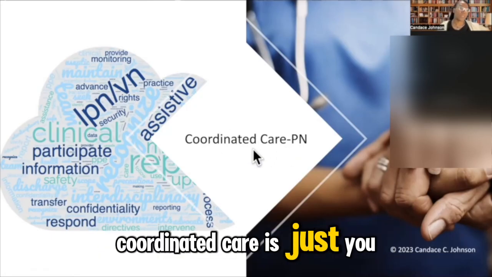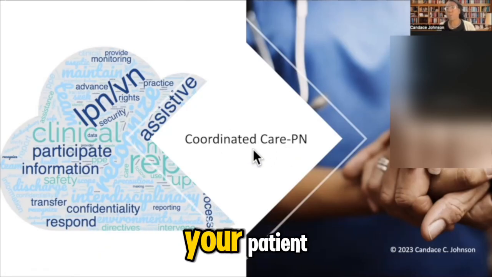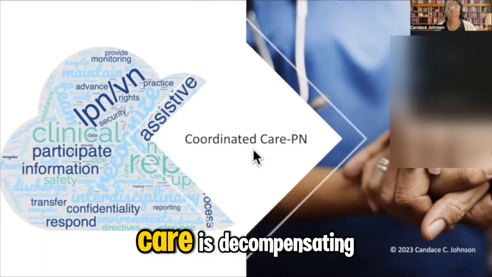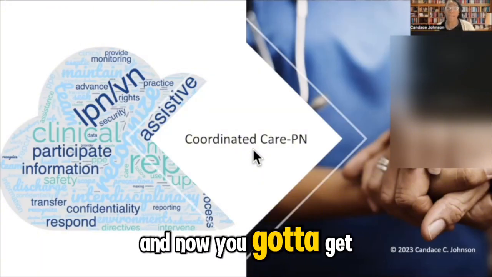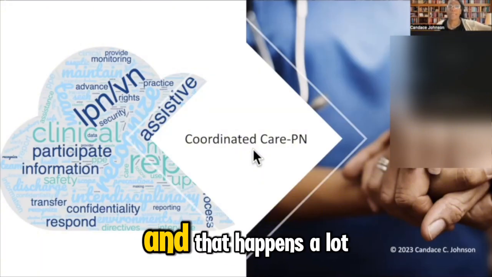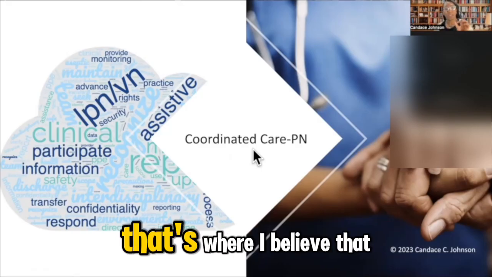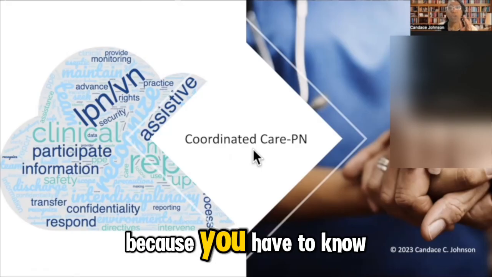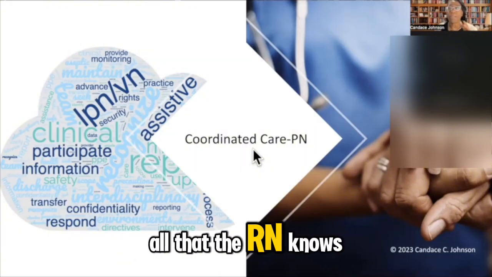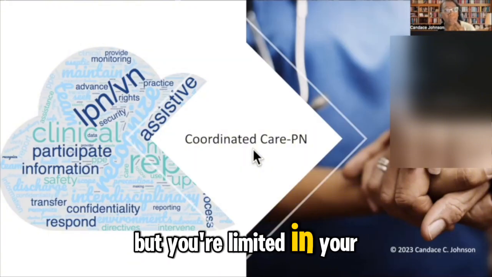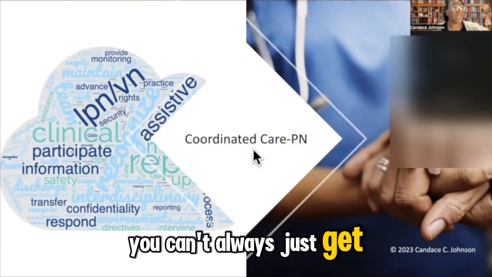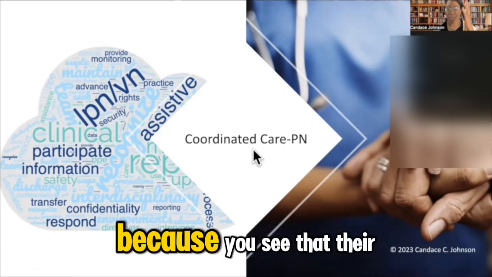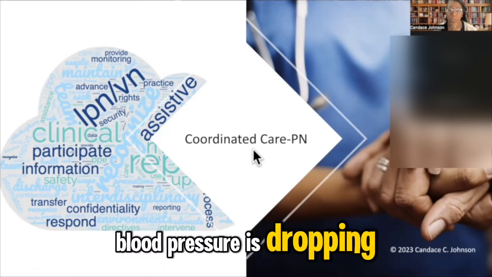Coordinated care is just you being able to notice that the patient in your care is decompensating, and now you've got to get them back out to the team. That happens a lot with the PN questions. That's where I believe that real 60% comes in for you guys, because you have to know all that the RN knows, but you're limited in your scope. You can't always just get a bolus going because you see that their blood pressure is dropping.